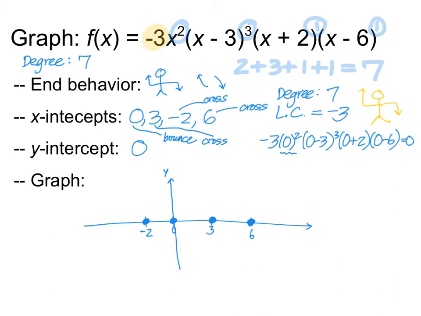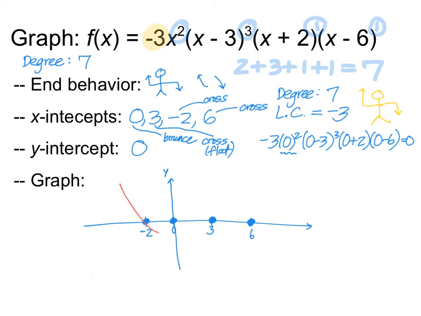Furthermore, the 3 is a flat cross because the multiplicity is 3. I am referring to over here. Now, how do I start drawing this graph? Well, I can look at the end behavior and know that the graph needs to come down from here.